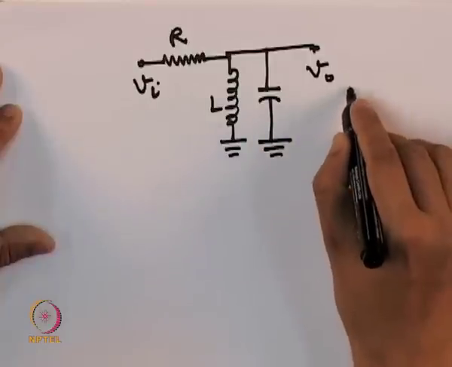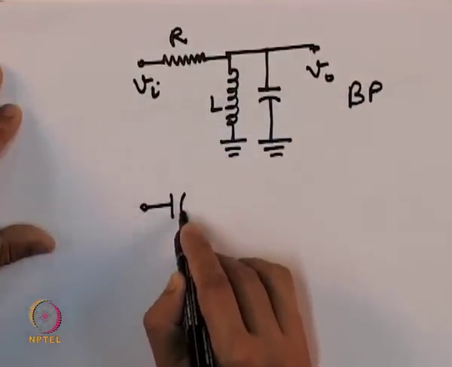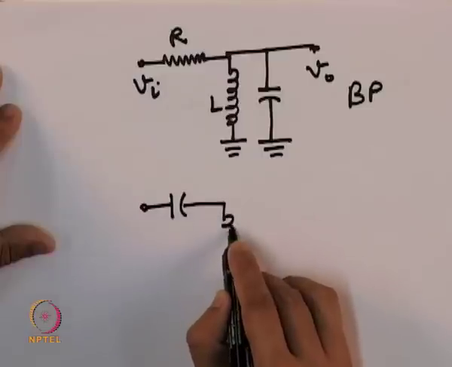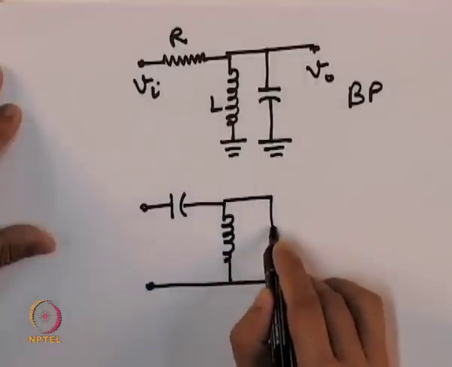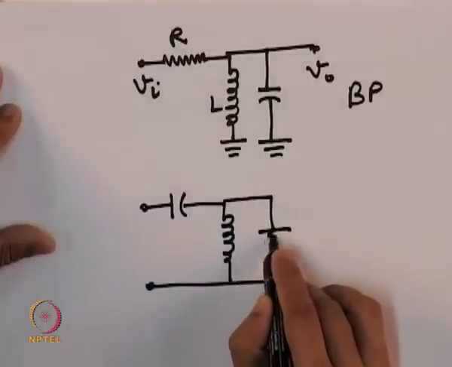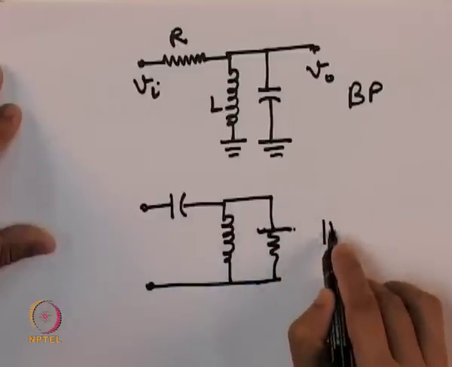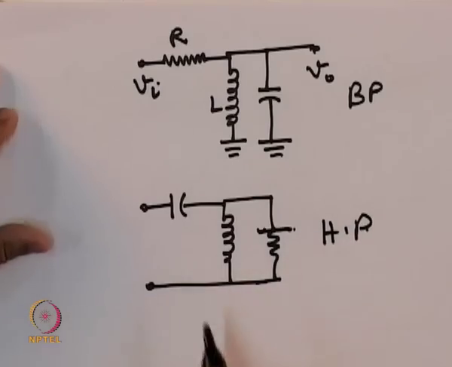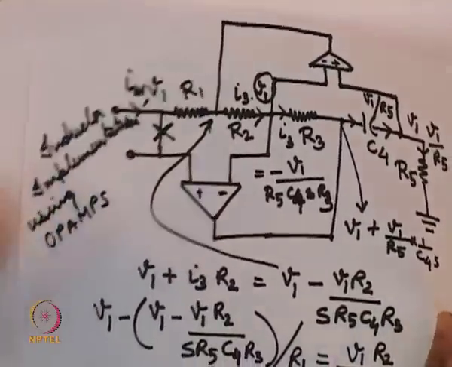This is a band pass and this is a high pass prototype. These two circuits can be implemented using this active inductor.